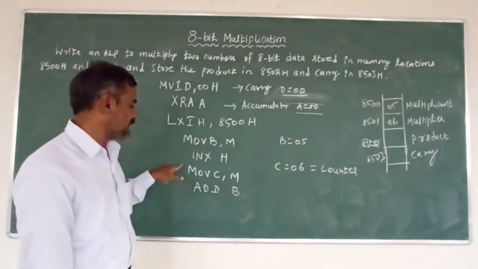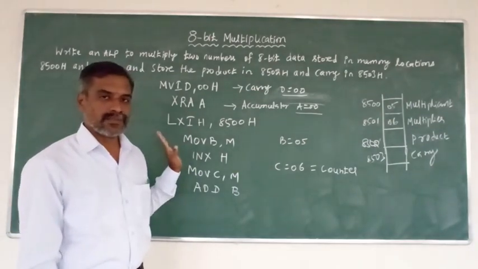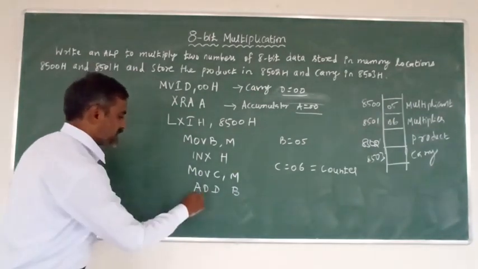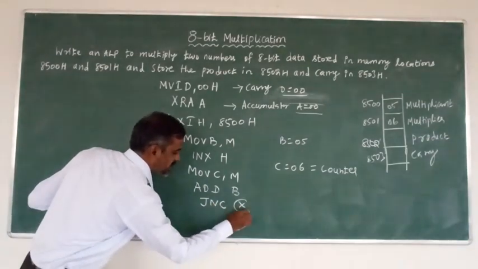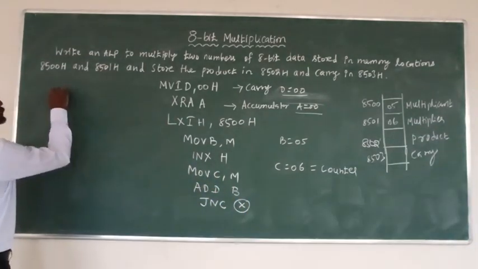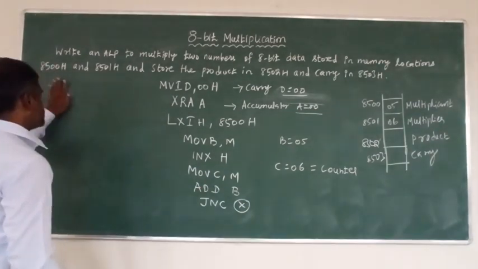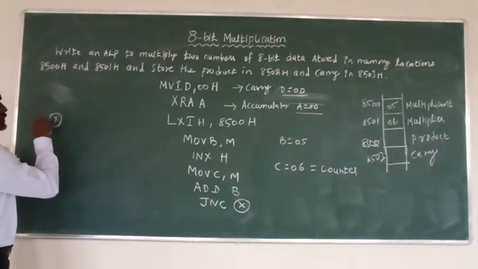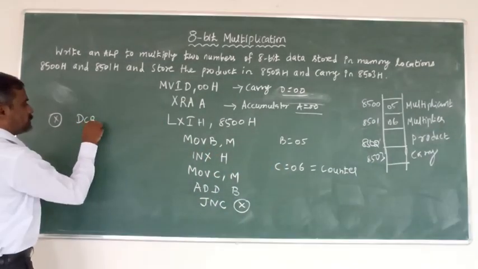If not 0, repeat the same process till the C register is 0. First check the result for carry; no carry means jump to here and directly decrement the C register data.